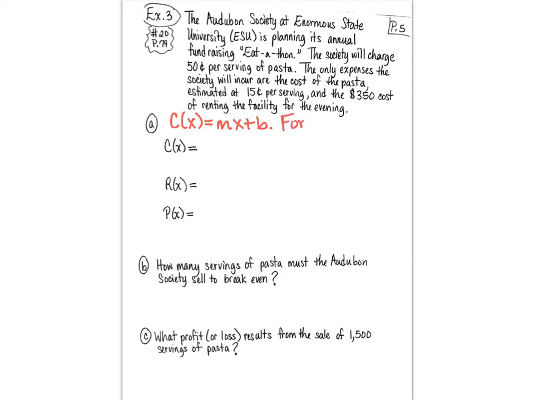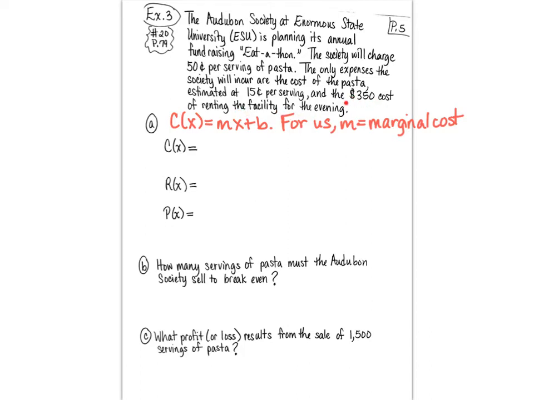So for us, m, which is our marginal cost, is 15 cents per serving. So we look back, it says the only expenses the society will incur are the cost of the pasta, which is estimated at 15 cents per serving, and the $350 cost of renting the facility for the evening.